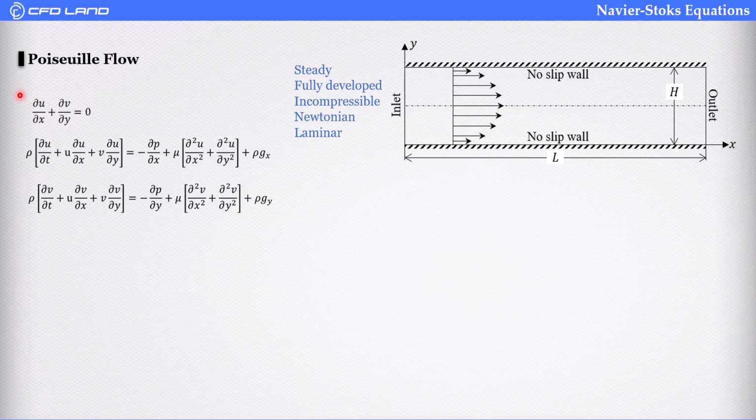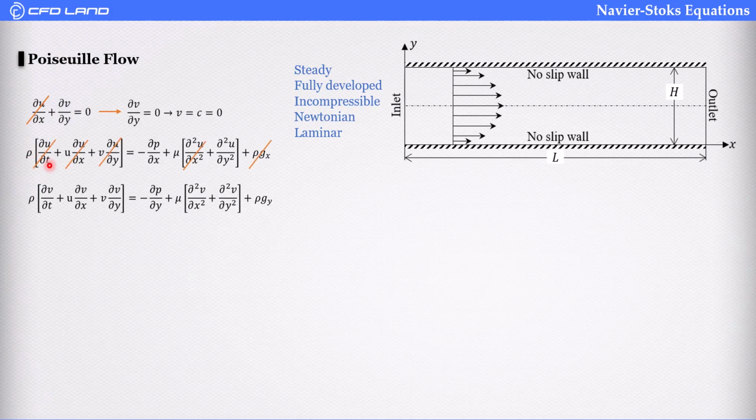When we write Navier-Stokes equations, and again cancel terms, since it's fully developed, gradients in the x direction are 0. So we can see that partial v partial y is 0, meaning v is constant. And since v at the walls is 0, it means that v is 0 everywhere.